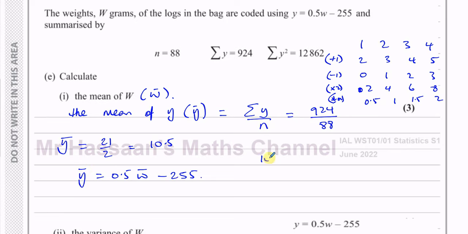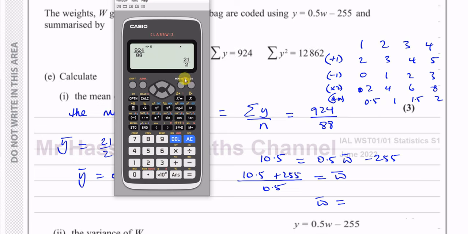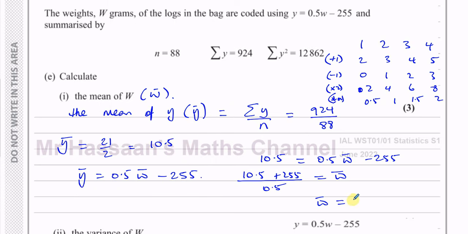So we know that that's 10.5. And that's equal to 0.5 times the mean of W minus 255. So I must add 255 to the 10.5 and divide by 0.5, and that's going to give me my mean of W. So I take my 10.5 plus 255, divided by 0.5, and that gives me 531.